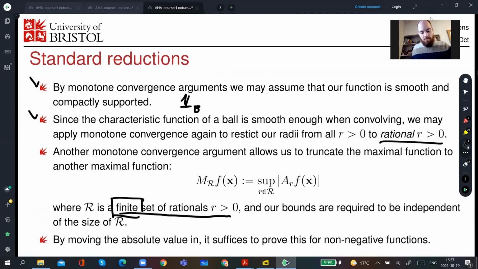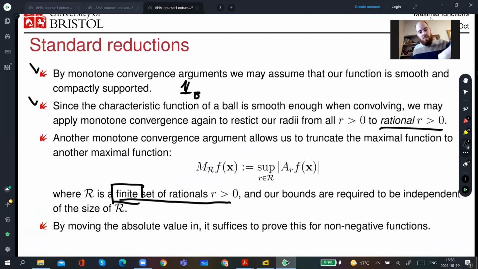But the catch is, I cannot let these bounds depend on the size of R. And in previous arguments, I couldn't let the bound depend on the function except in the prescribed way, right? Its LP norm.